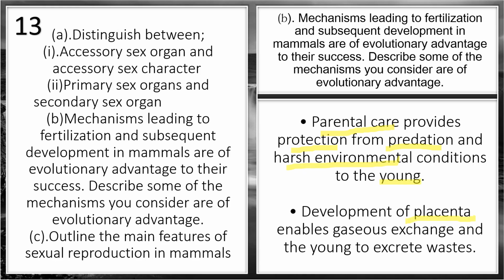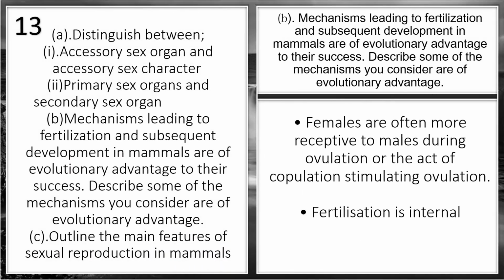Development of the placenta enables gaseous exchange and the young to excrete wastes. Females are often more receptive to males during ovulation, or the act of copulation stimulates ovulation. Fertilization is internal.